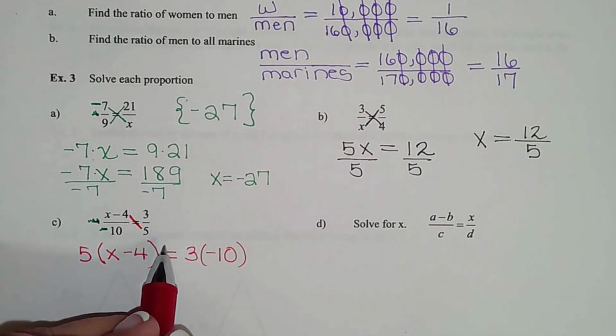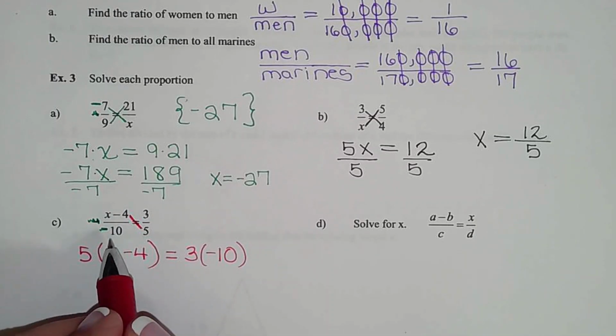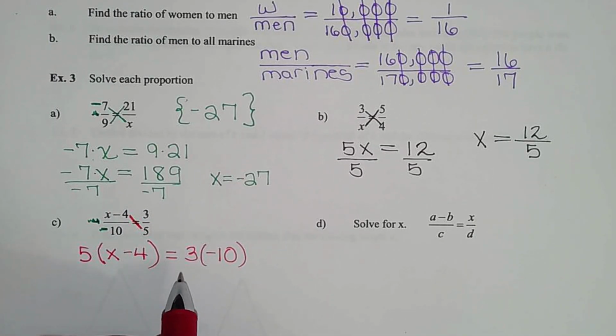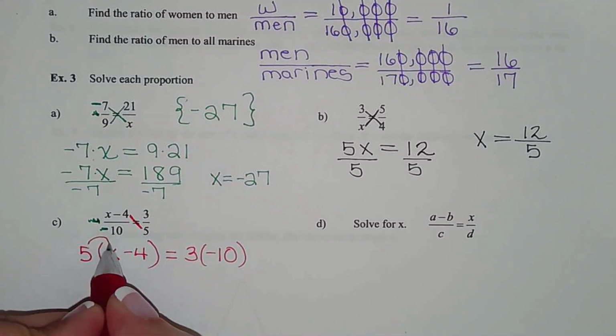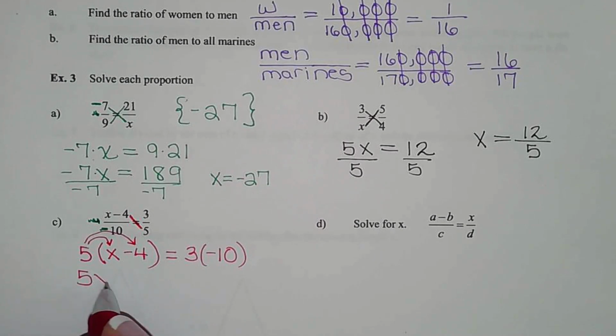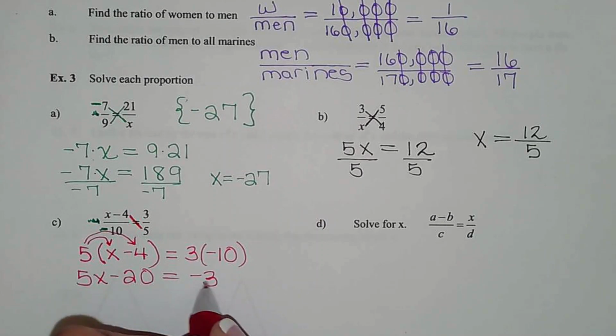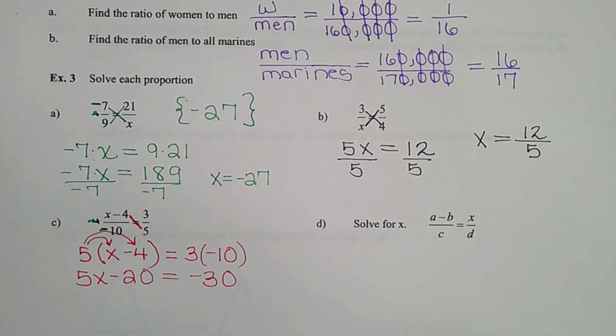So 5 times x minus 4 equals 3 times negative 10. So 5x minus 20 equals negative 30. And I'll let you guys finish solving that for a second.